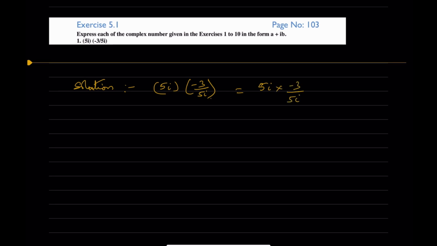Here 5i and 5i get cancelled, so the answer is minus 3. How do we write this in complex number form? The general form of a complex number is a plus ib, a real part and an imaginary part. So we got z is equal to minus 3 plus, since we don't have an imaginary part, i into 0. So the first one can be written in this form.